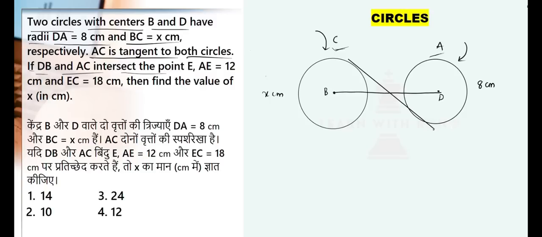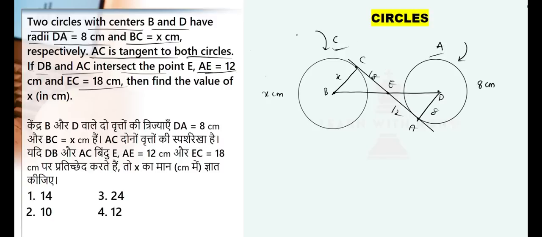So if I draw the transverse common tangent like this, somewhere here there is a point C and somewhere there is a point A here. Okay, and the radii are, BC radius is x and the radius of this circle is 8 centimeters, and also given AE, they have given the intersecting point is E. AE equals 12 centimeters, means AE is 12 and EC is 18.